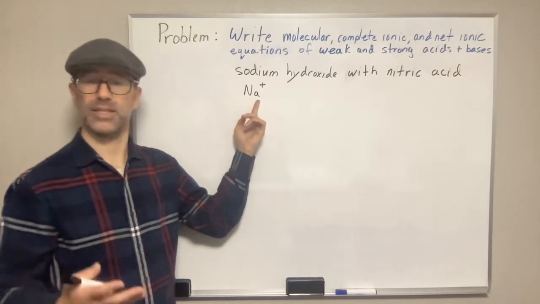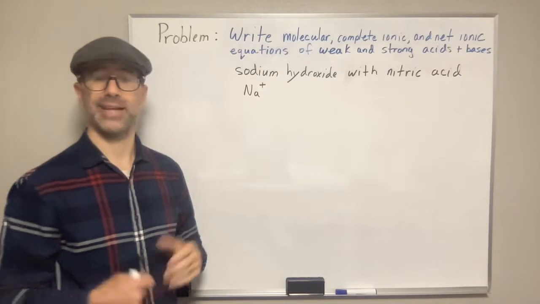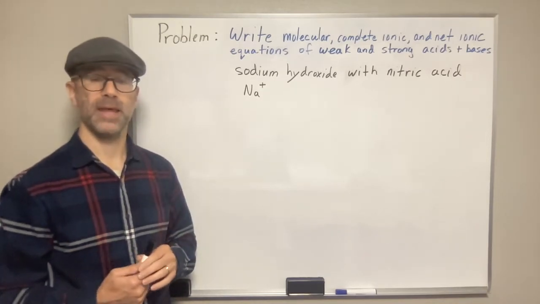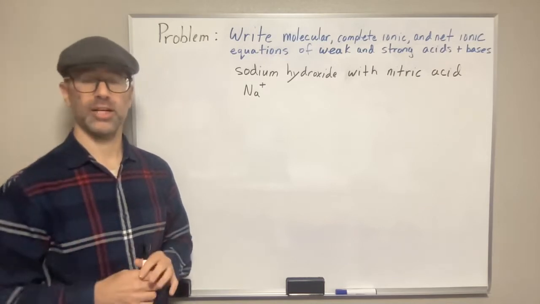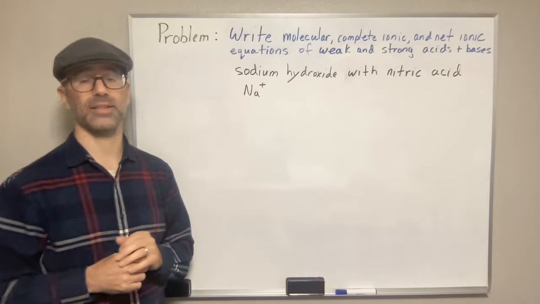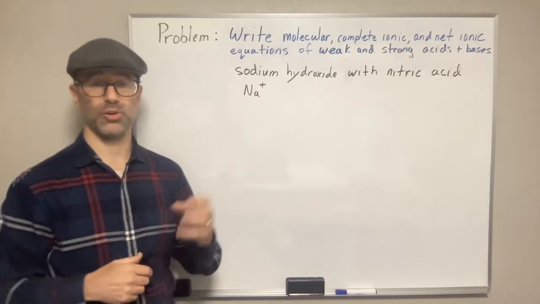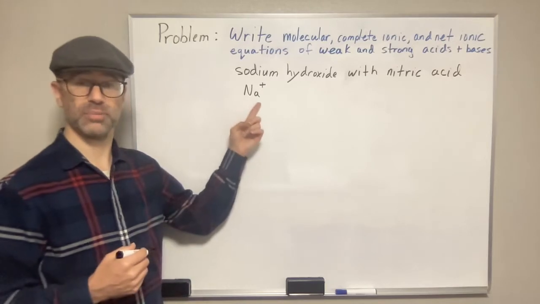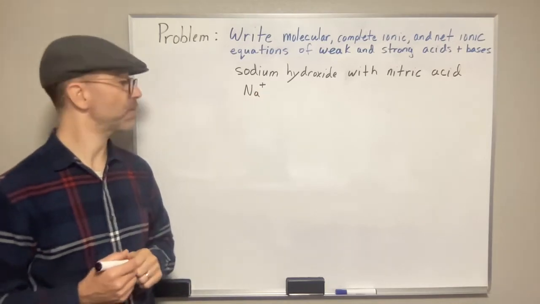And so it's very easy for it to lose that one electron to have a full outer shell. When it loses that one electron, it loses that negative charge. And so now there's a proton in the nucleus that is not being balanced by that negative charge. And so you have a positive charge that's not balanced. And that's where the plus charge comes in. So we have a +1 charge here.